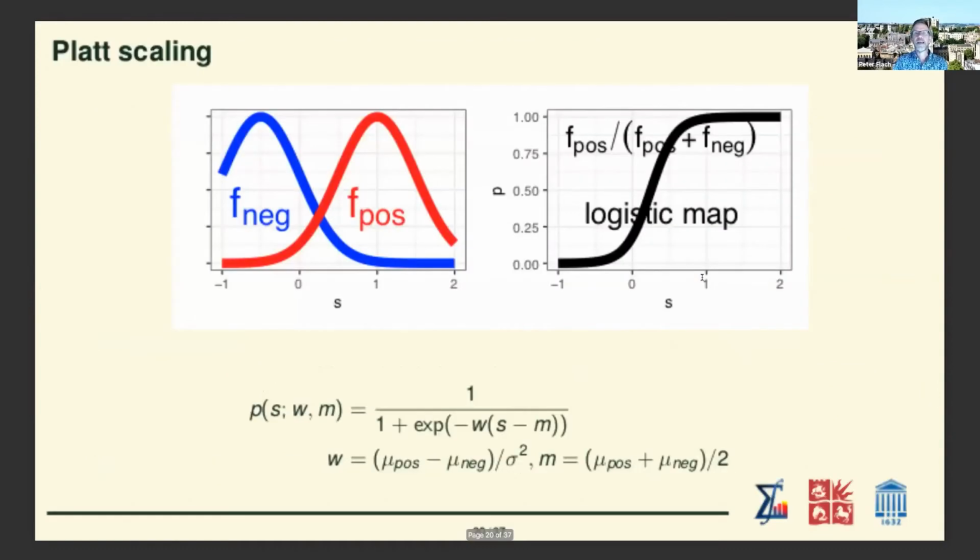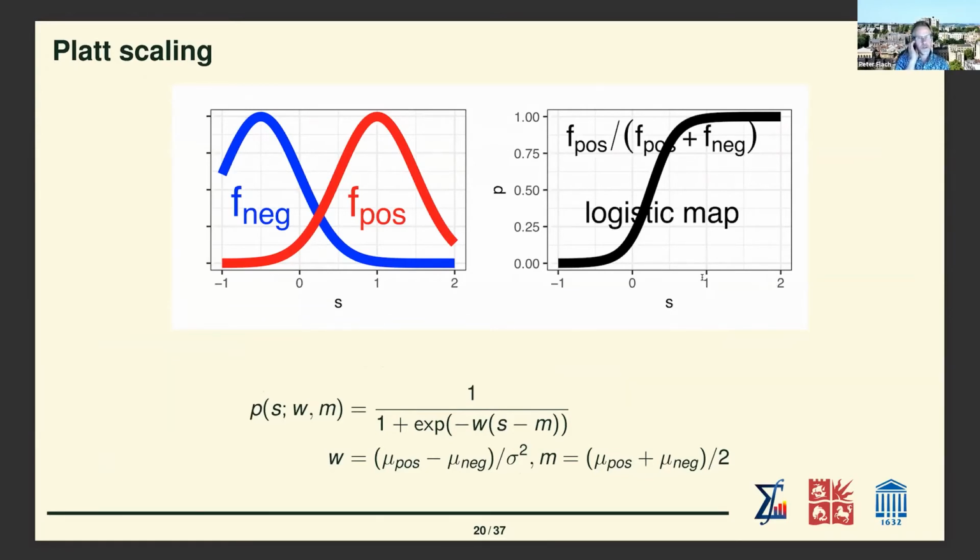So here is Platt scaling on a single slide. There's a lot happening on this slide, but as I said, parametric methods model the score distribution. On the left figure, you see in blue the scores of the negatives, and in red the scores of the positives.